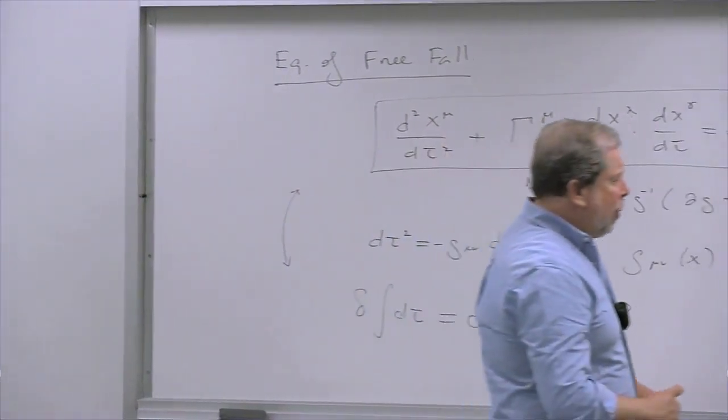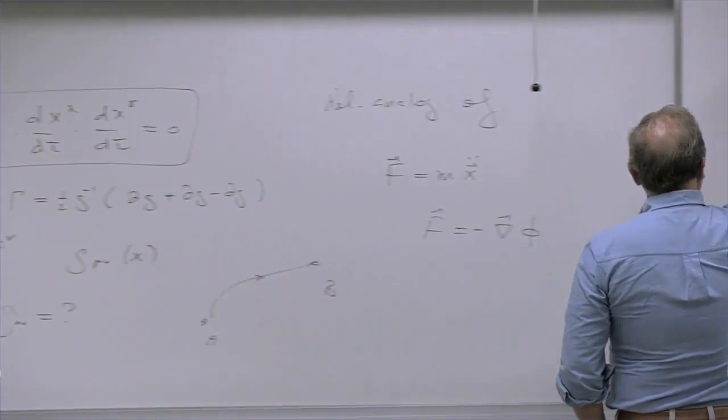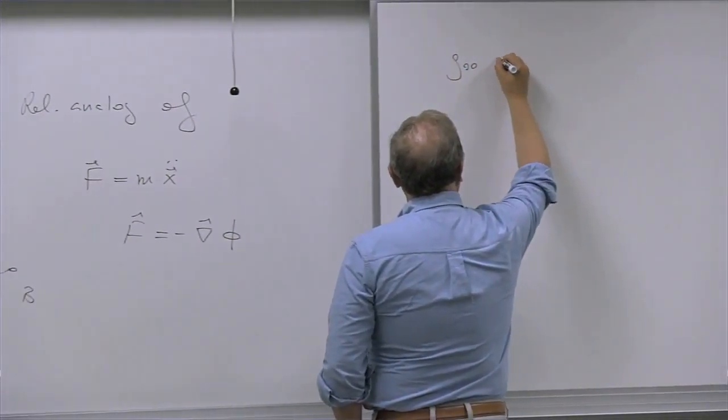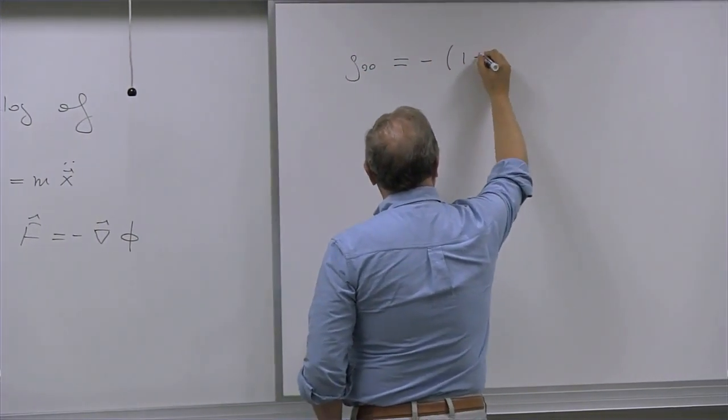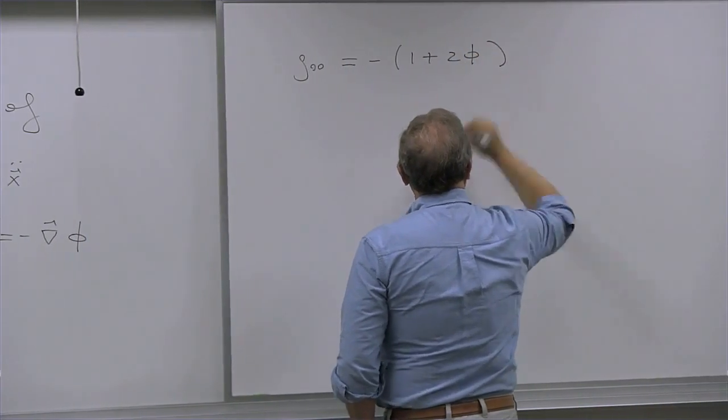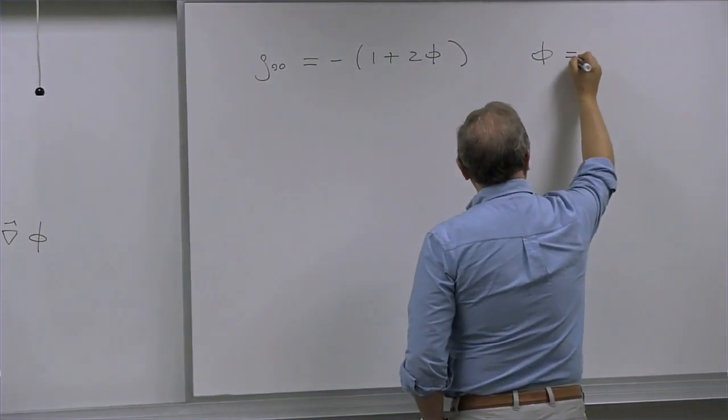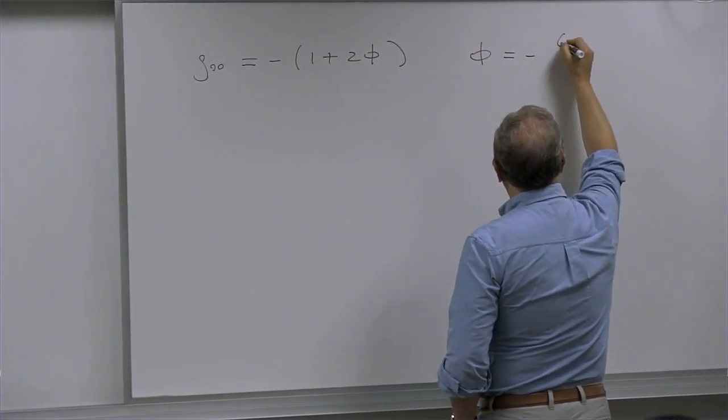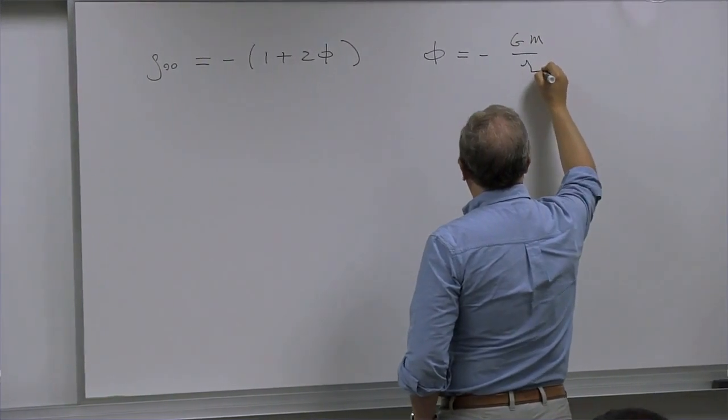The only thing that we were able to establish is that g naught naught was equal to minus 1 plus 2 phi, where phi, if we have a point charge, is minus GM over r.